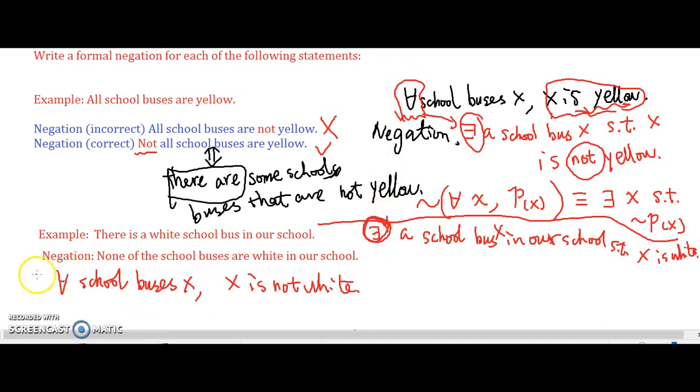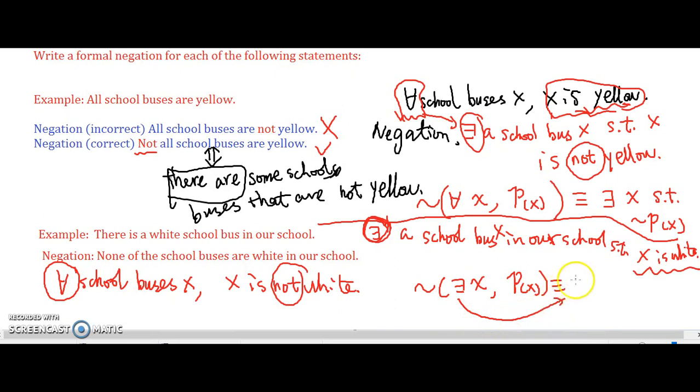But in the negation, we have for any. And the statement about X, we negate it with not. So if we summarize a formula for our existential statement, the negation will be: we change the exists to for any X, and we negate that statement.